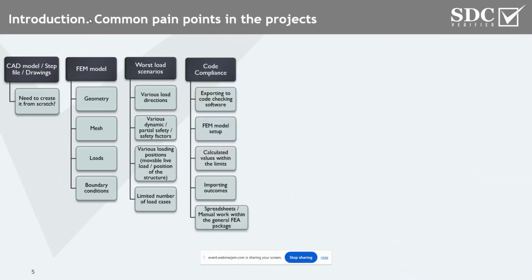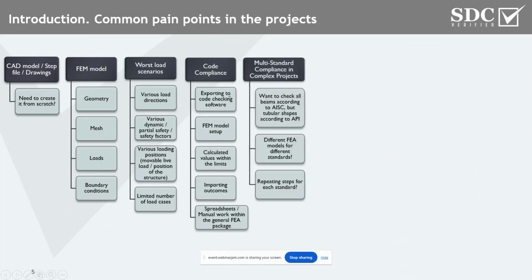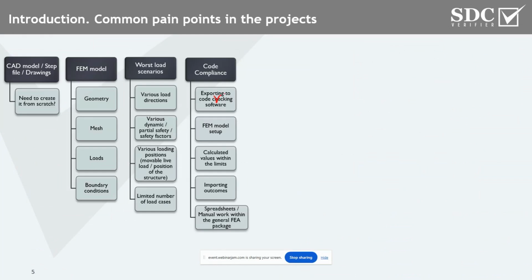But then it comes to code compliance, and that brings a lot of challenges, because many software packages we use in the market do not allow directly checking your FEA results with allowable values according to different codes. So you're forced to, for example, export your model to another code checking software.